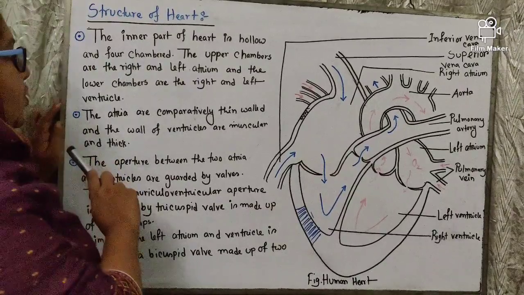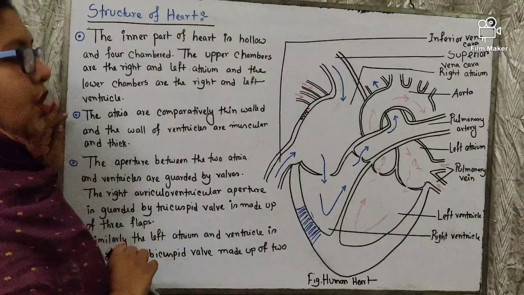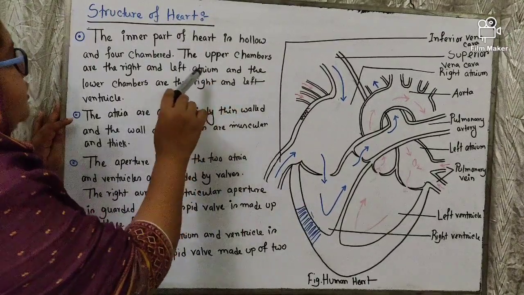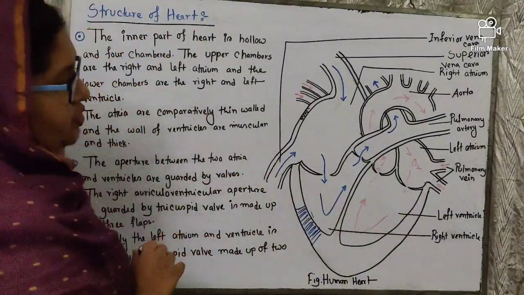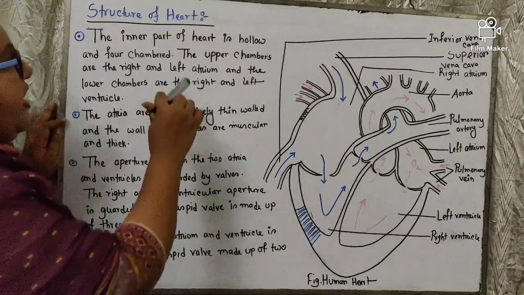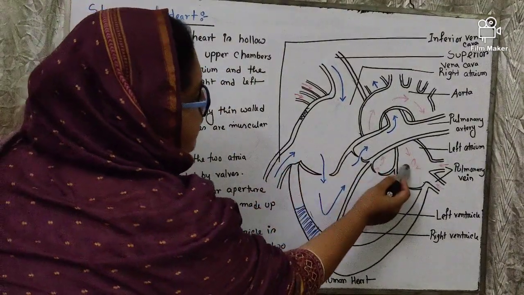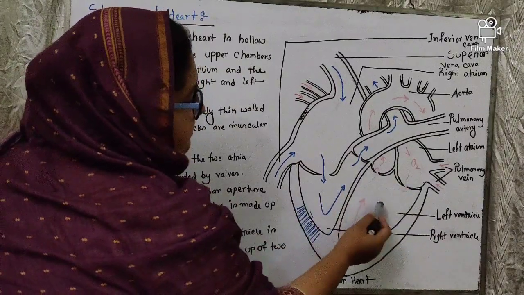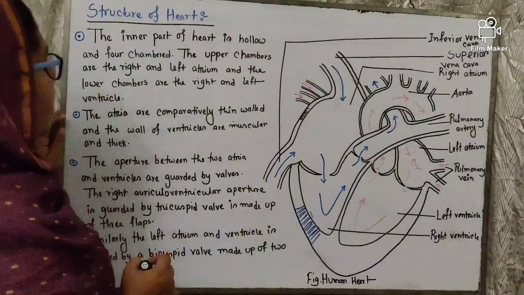The inner part of the heart is hollow. There are four chambers: 1, 2, 3, 4. So there are 4 chambers inside the heart. The upper 2 chambers are right atrium and left atrium, and the lower 2 chambers are left ventricle and right ventricle.